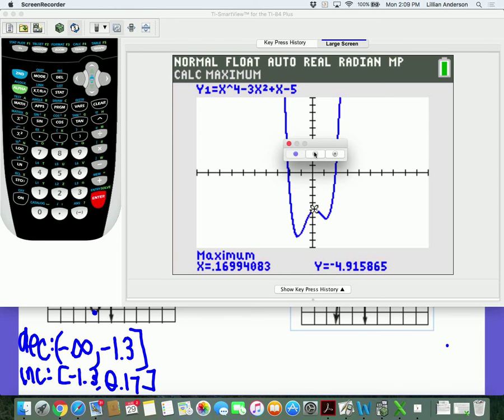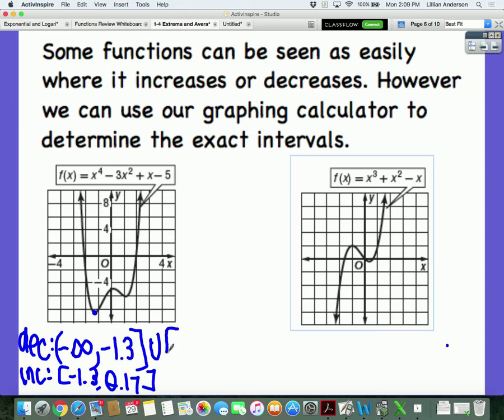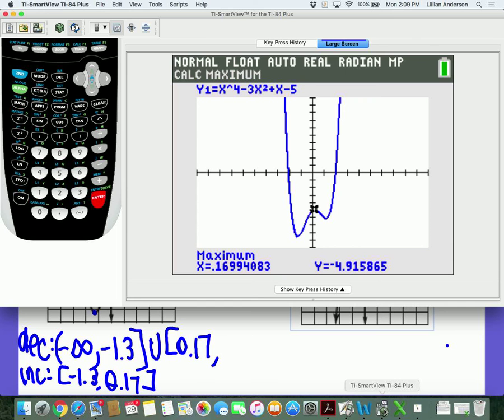What's happening next? I gotta find another min because it is decreasing. So it is decreasing from 0.17 until some value. I know I'm flipping back and forth, but hopefully everyone's able to follow me. So I have another min. Second trace, option 3. You go to the left of that minimum.